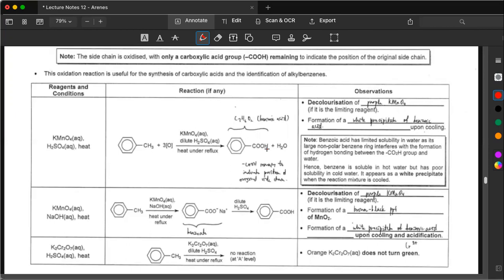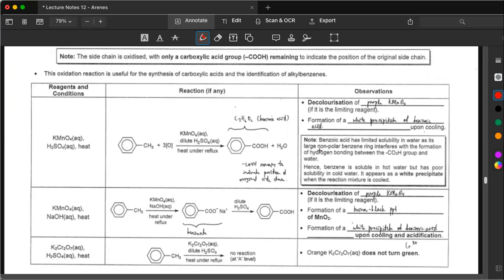Yes, it's possible. And the observation will be decolorization of the purple KMnO4 provided it's a limiting reagent. If it's not, then it will not be completely decolorized. And there will be formation of a white ppt. So this is actually white in color.